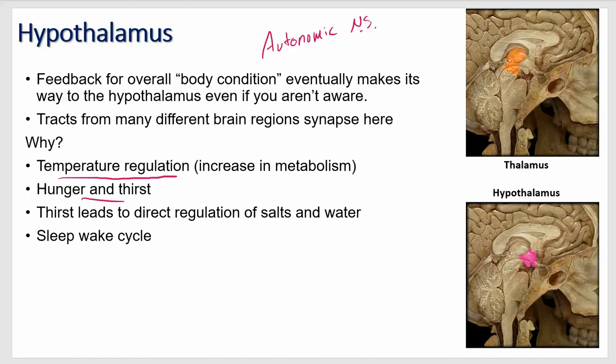Hunger and thirst. Thirst leads to direct regulation of salts and water. So what happens in general, and as we go along we're going to see, is that the hypothalamus is going to cause the release of various hormones from the pituitary gland.